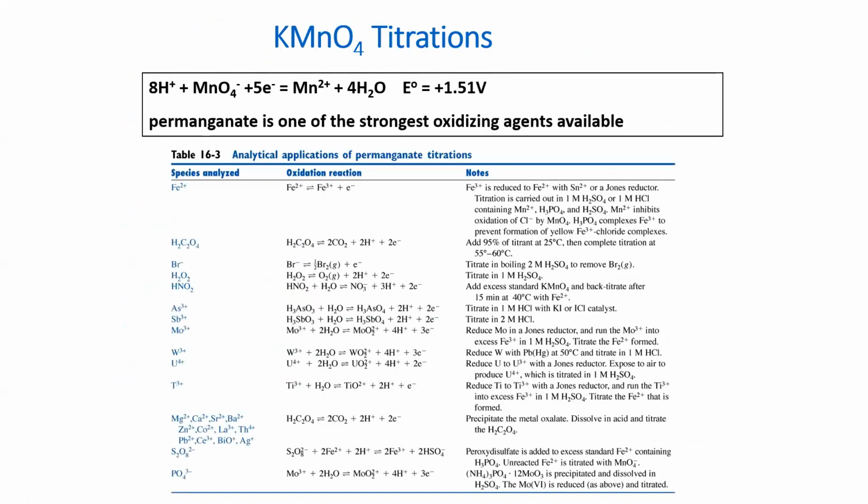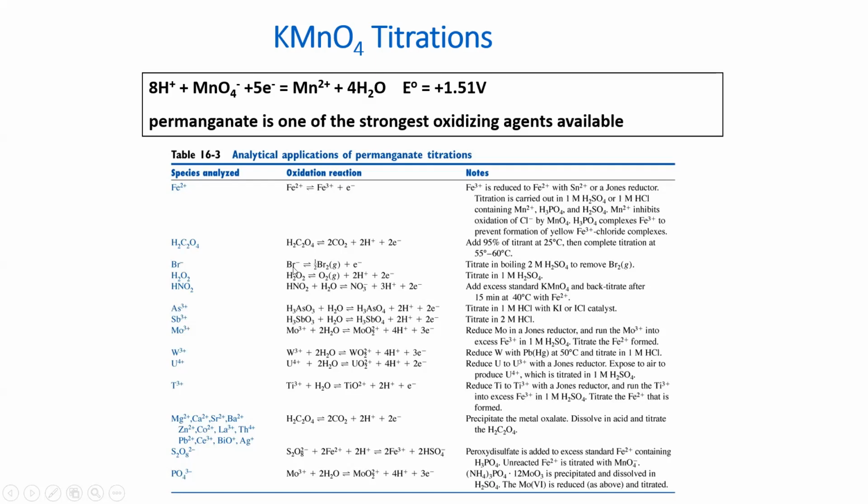So, KMnO4 is useful in a lot of redox titration as an oxidant. But the most common analytical application where KMnO4 is used is that of iron. It oxidizes iron from iron 2 to iron 3. It can be used to oxidize oxalic acid.